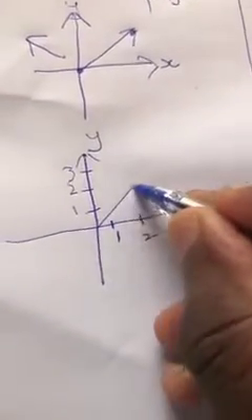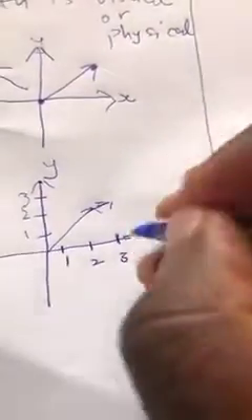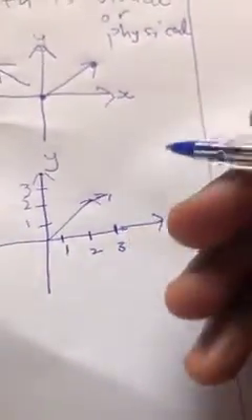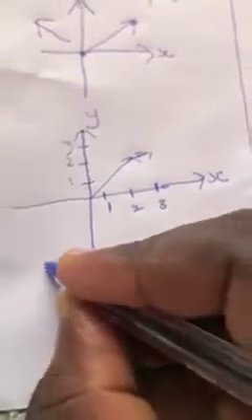Alright, and I draw a vector here like this. And then I ask you, how can you represent this vector?